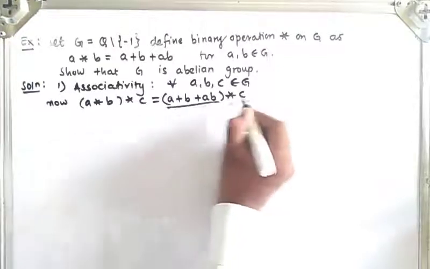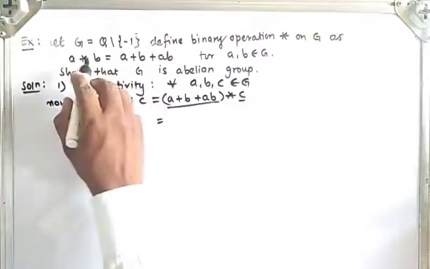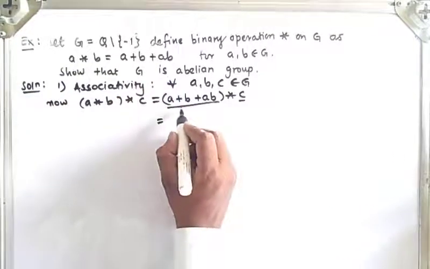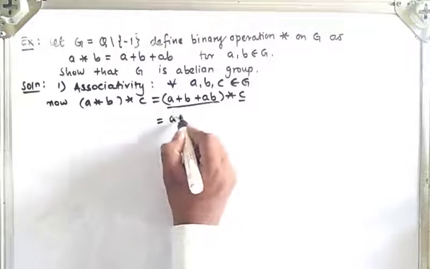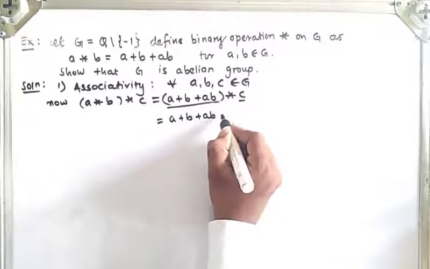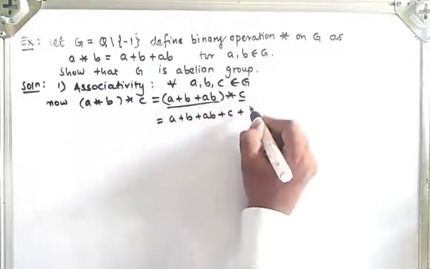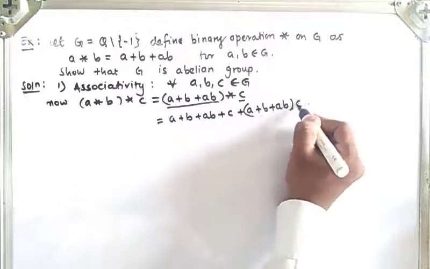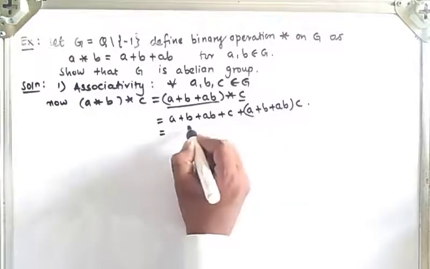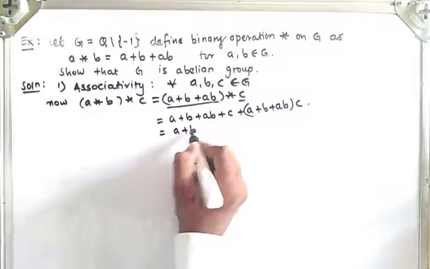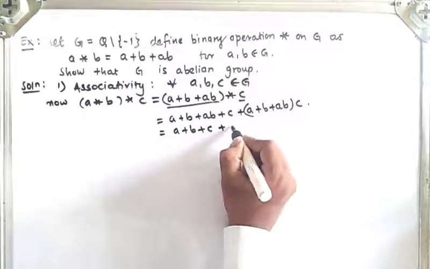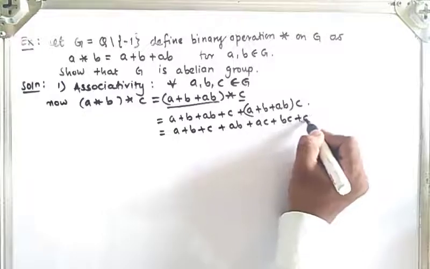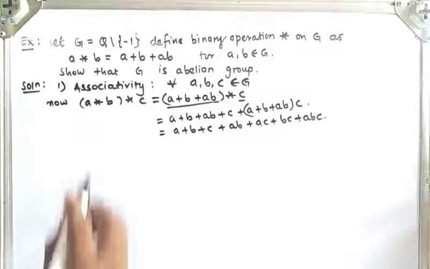Using the definition, this is the addition of these two elements, a plus b plus ab, plus c, plus the multiplication of these two, a plus b plus ab into c. After solving, we get a plus b plus c plus ab plus ac plus bc plus abc. So this is LHS.